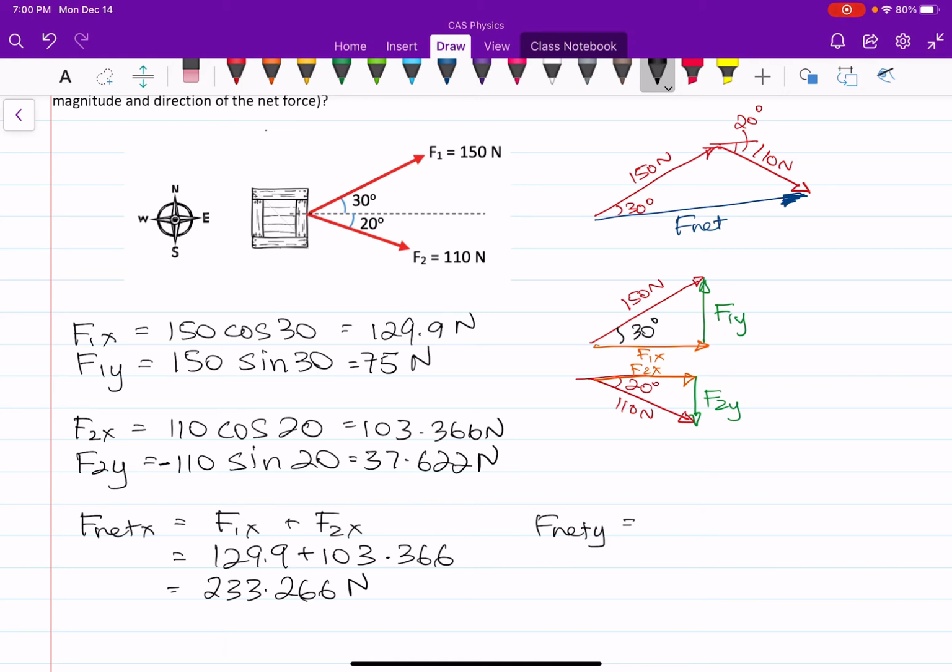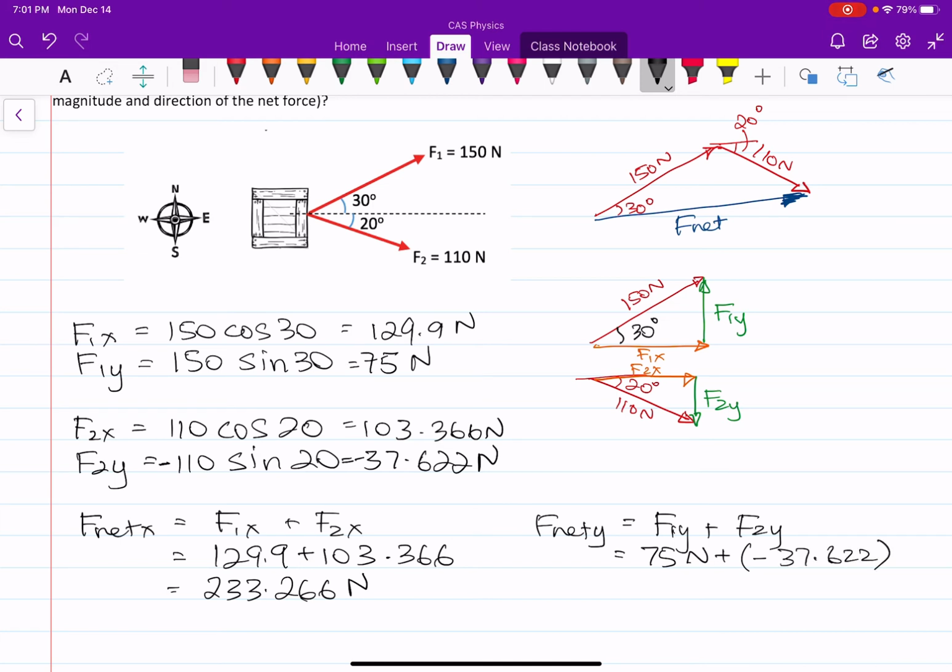So it's F1y plus F2y, because it's the sum, but since the direction matters, it's going to be 75 newtons plus negative 37.622.